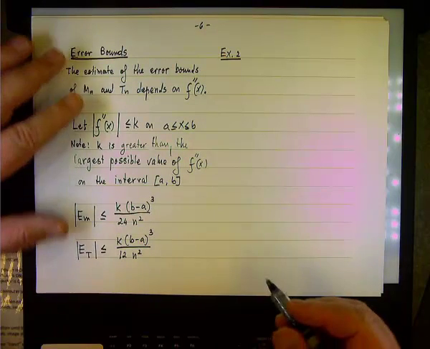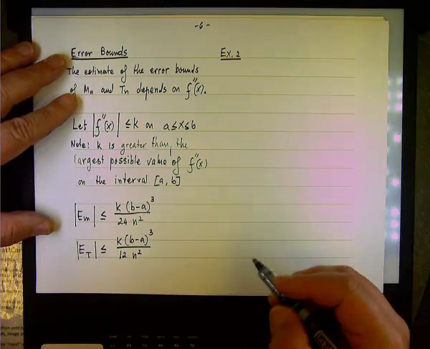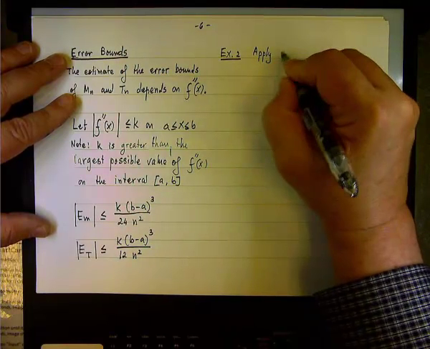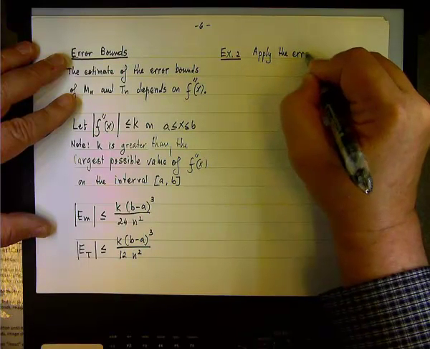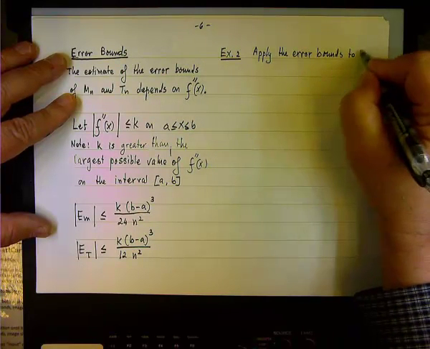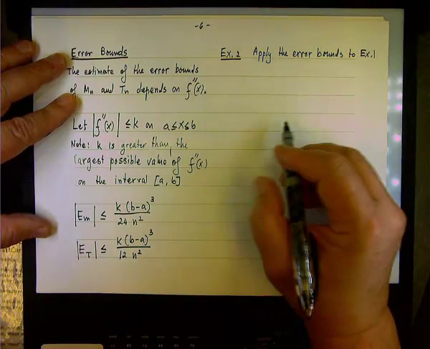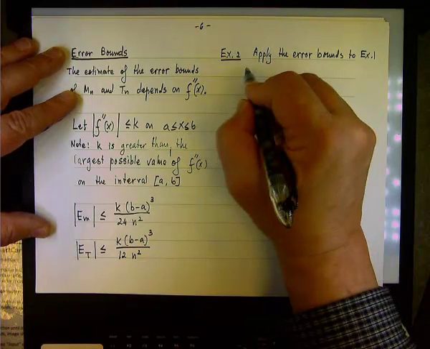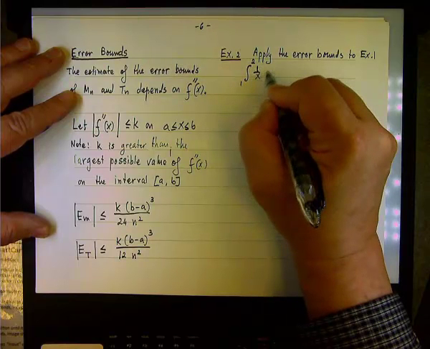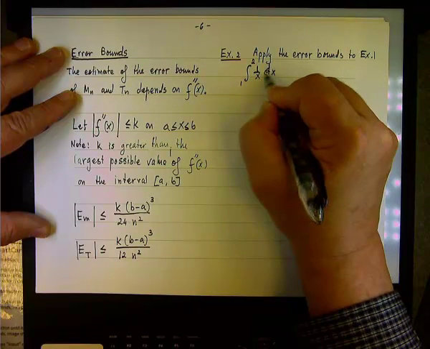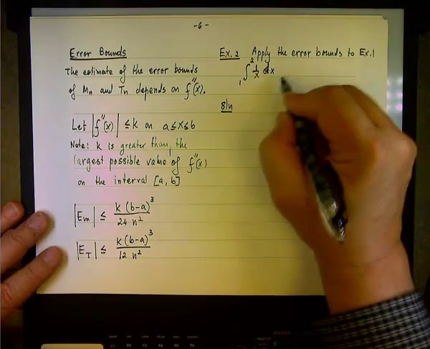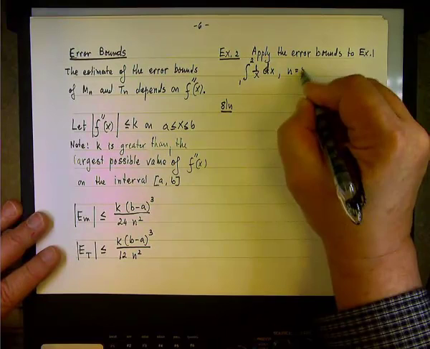In this example, we want to apply the error bounds to example 1. In example 1, remember we are looking at the integral from 1 to 2 of 1 over x dx. So the solution, with n equals 5.